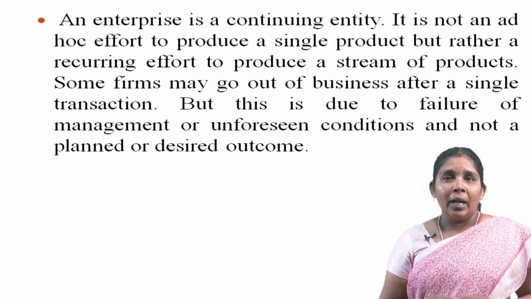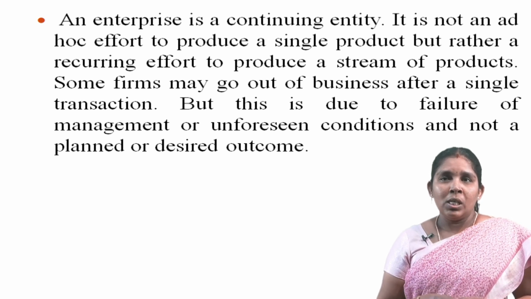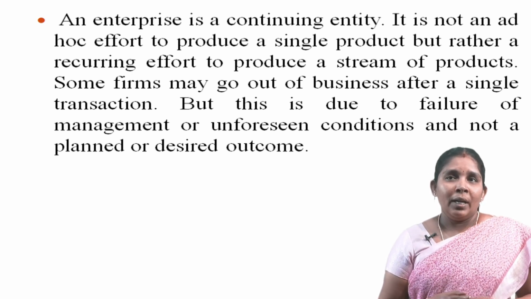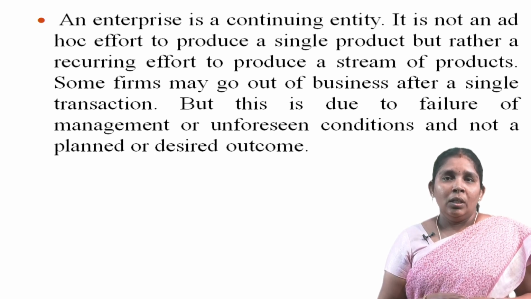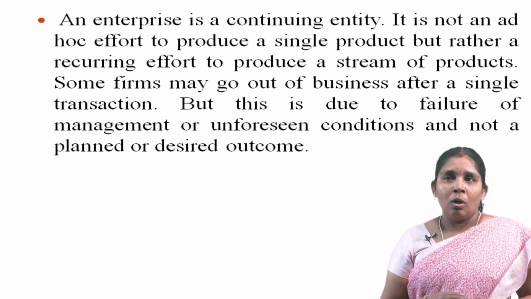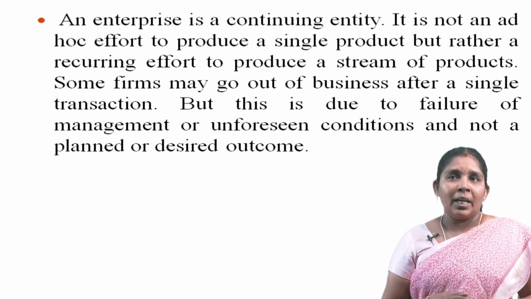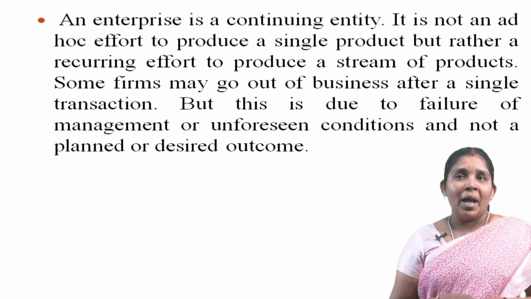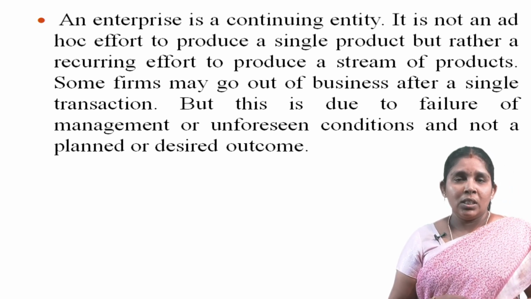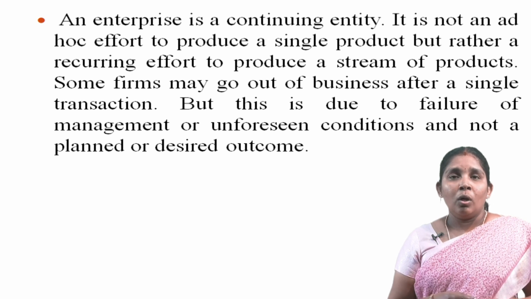It is not an ad hoc effort to produce a single product, but rather a recurring effort to produce a stream of products. Some firms may go out of business after a single transaction, but this is due to failure of management or environmental conditions and not a planned or desired outcome.